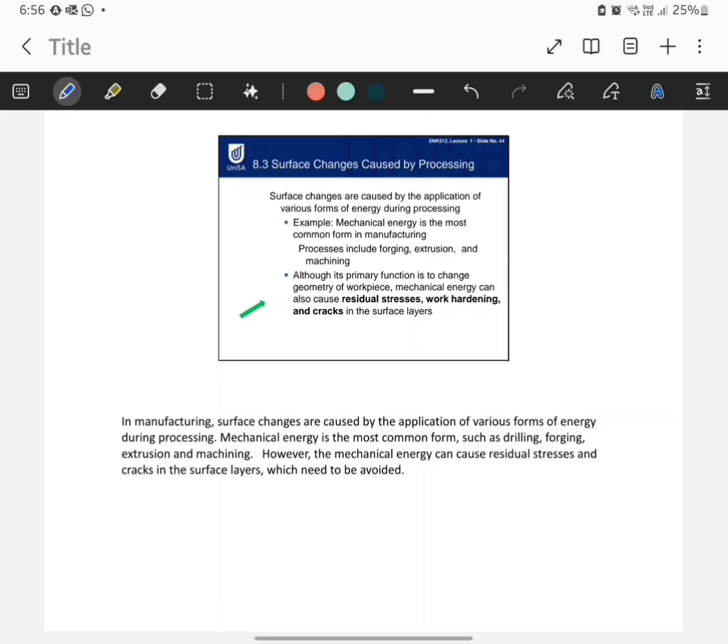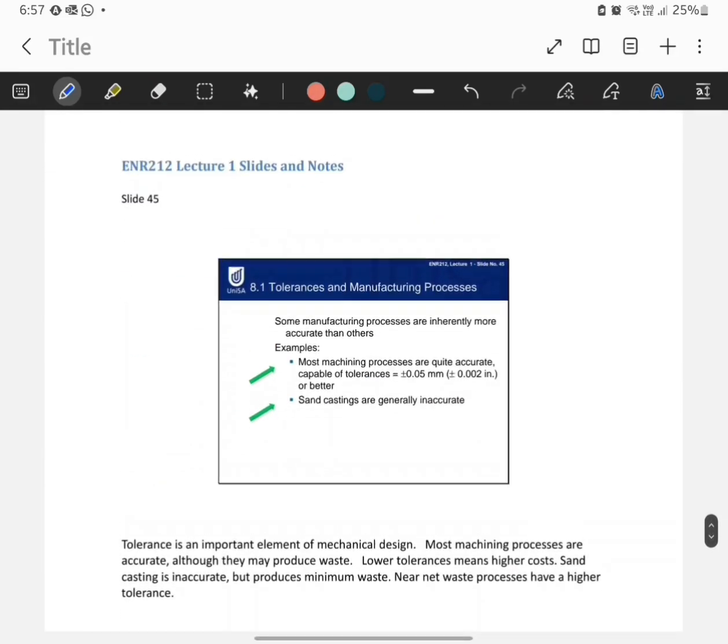Common techniques like forging, extrusion, and machining often use this energy. However, this method can introduce residual stress and work hardening to the surface layer, and in some cases can cause cracks that weaken the material. This is the main idea of this slide, so let's go to the next one, slide 45.